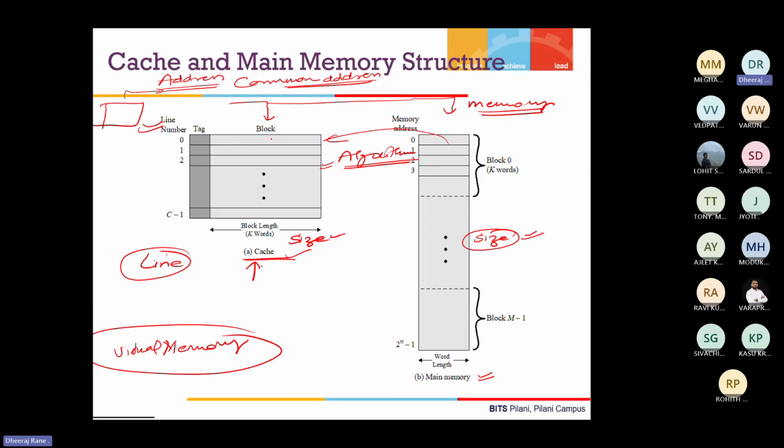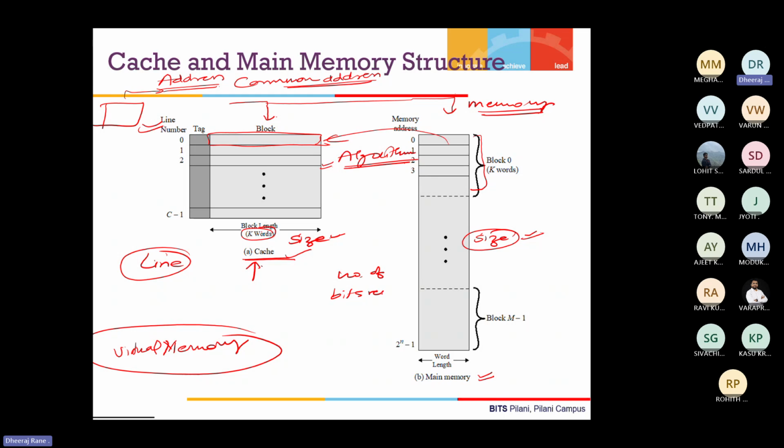Block is one terminology that we are utilizing here. The block length, that is the keyword, will remain the same here as well. Rest, whatever the number of bits remaining, we'll see some numericals. That way, things will be more clear.